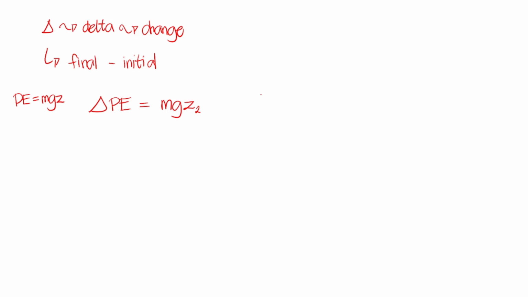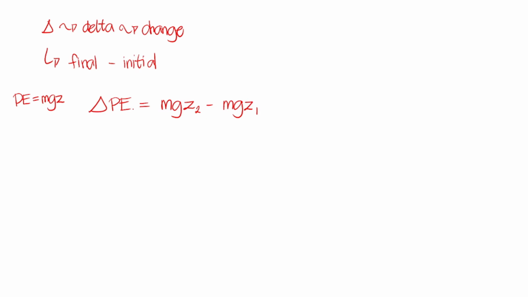Let's use numbers in this case to indicate that it's the final or the second state minus mg z sub 1. So that 1 indicates the initial state and the subscript 2 indicates the final state. Para mas madali natin silang matandaan, and in thermodynamics, napakahalaga ng mga subscripts kasi you'll be dealing with a lot of similar variables. Kaya the only thing that will differentiate them ay yung mga subscripts na ilalagay natin doon sa ilalim ng mga variables na yon.